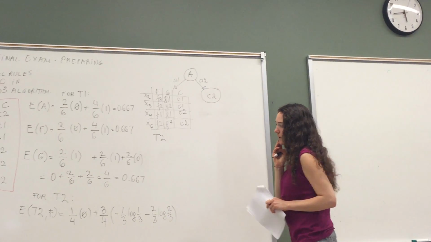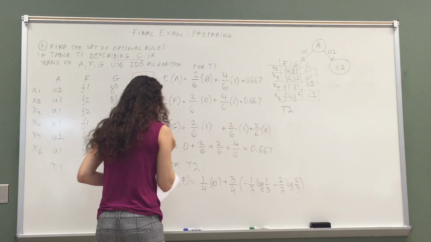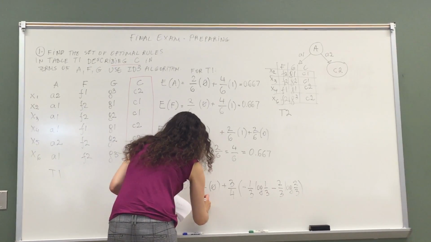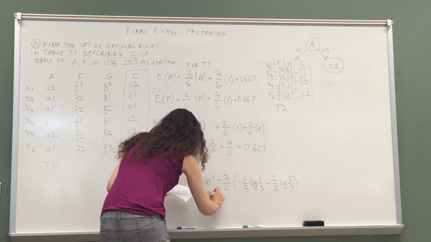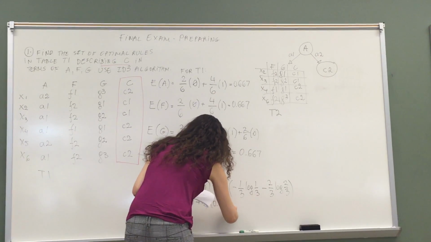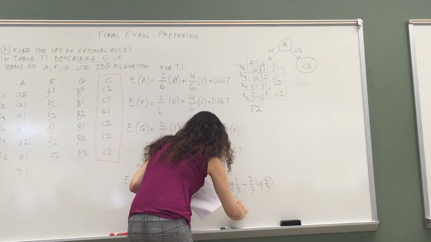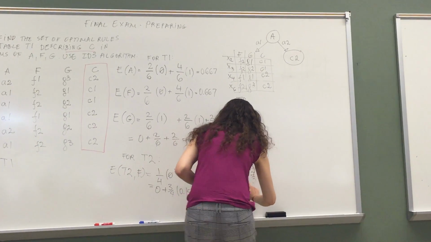So if we calculate this, we will get 0 plus 0.4, that's equal to 0.207.